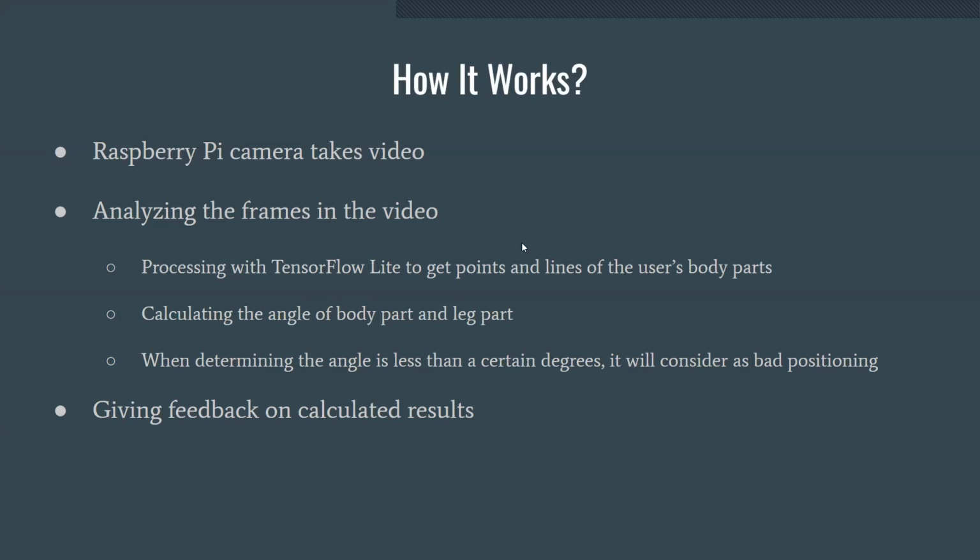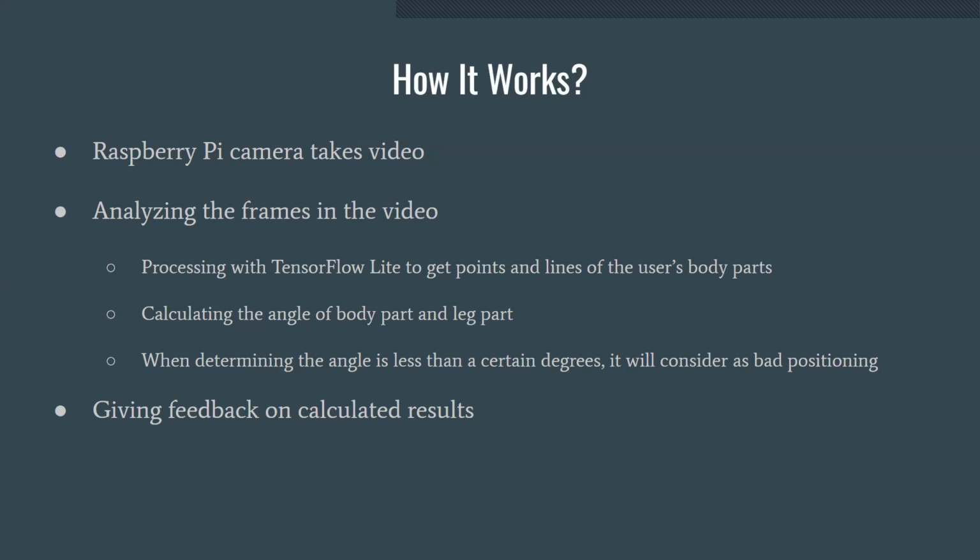We use these points to calculate the angle of the body part, the leg. We use the coordinates of the points to calculate if the person is leaning forward or not sitting correctly.